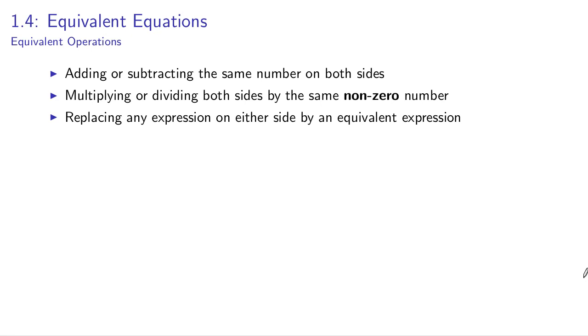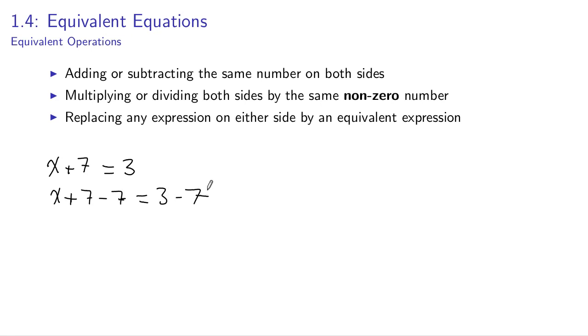If we add or subtract the same number on both sides, we will always have equivalent equations. For instance, if we have x plus 7 equals 3, we can subtract 7 from both sides of this equation and get an equivalent equation.